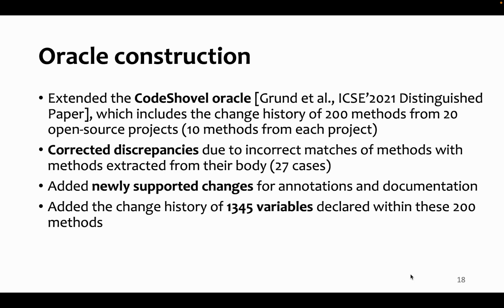First, we corrected the discrepancies we found due to incorrect matches of methods with methods extracted from their body. We found 27 cases in total. We also added some newly supported changes for annotations and documentation. And finally, we added the change history of 1,345 variables that are declared within these 200 methods.